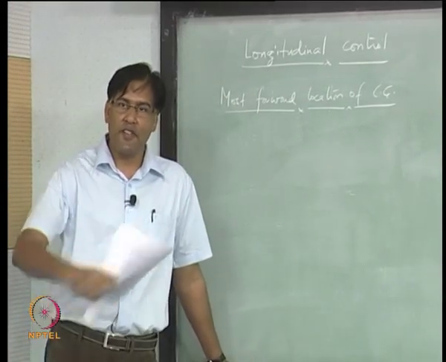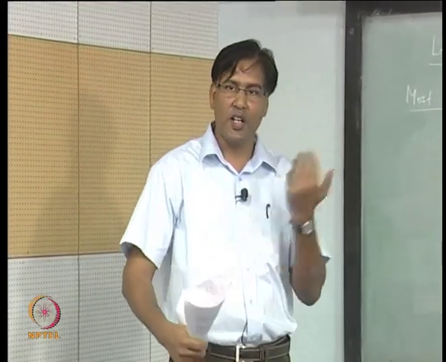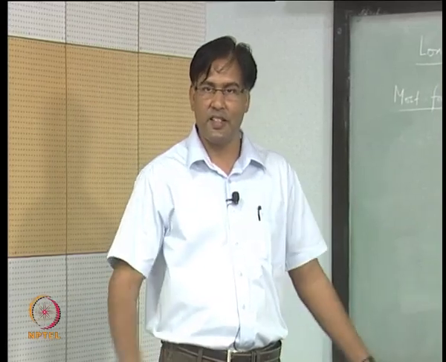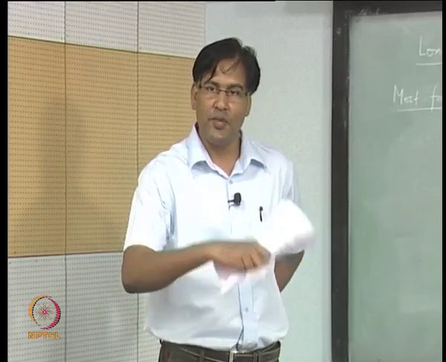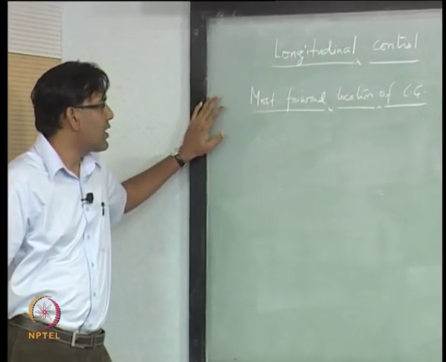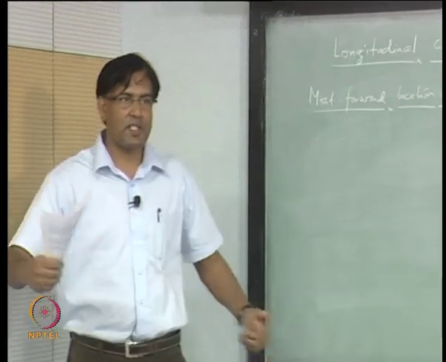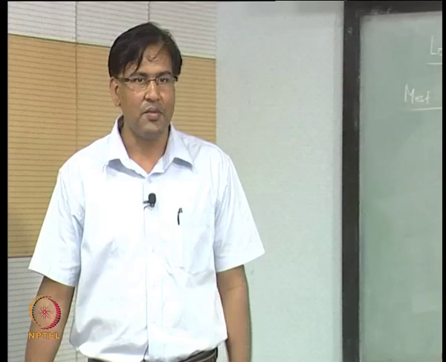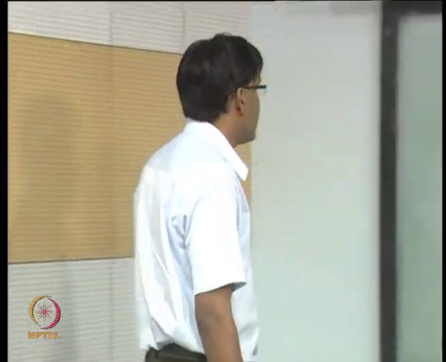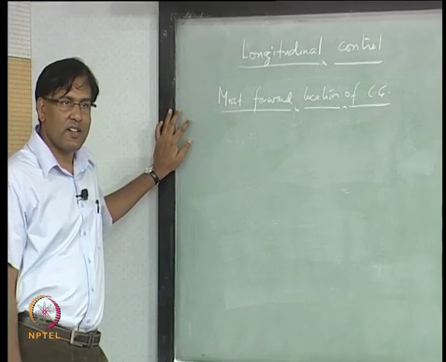So aft is moving towards the tail, forward is moving towards the leading edge, or the nose of the airplane. Now, I want to find out that will give you the maximum stability. CG most forward will give you the maximum stability margin. Okay.